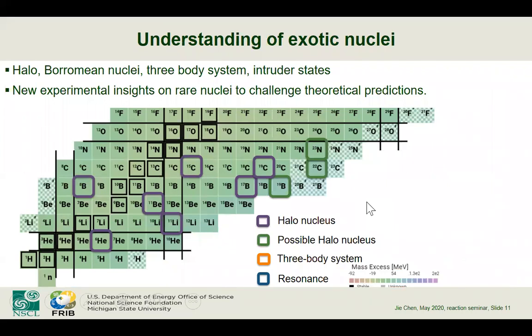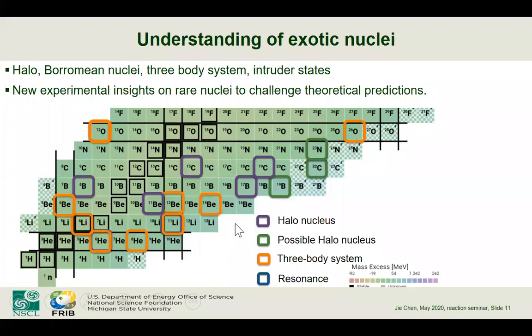So in the light nuclei, there are many examples with exotic structures like halo nuclei, Borromean nuclei, three-body systems, and shell intruder states. Here I show you some nuclei with halo structure, and the two-neutron halo nuclei have very strong three-body structure.